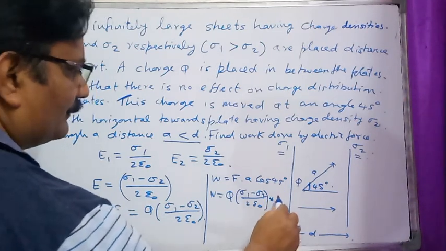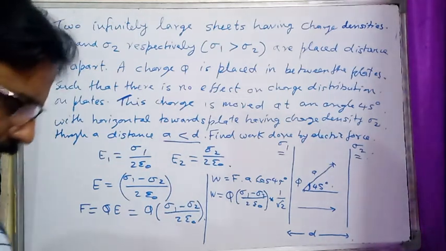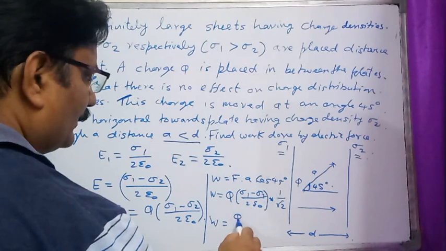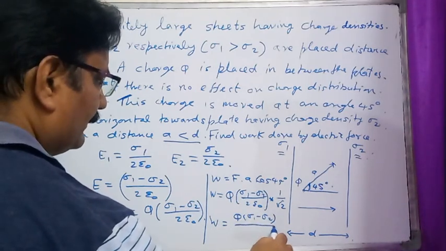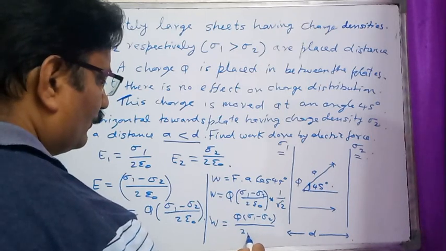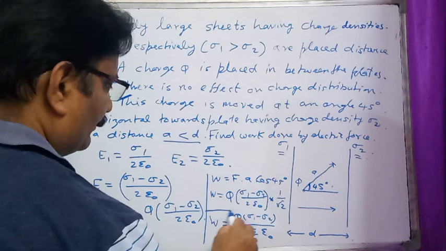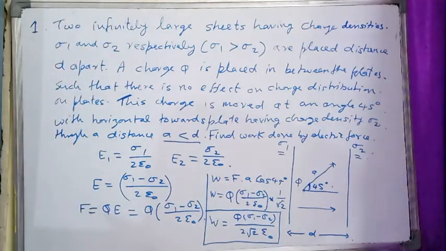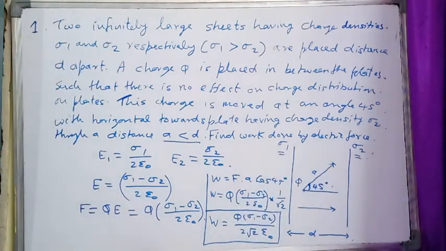Cos 45 is 1 by square root of 2, or the work done W is equal to Q into sigma 1 minus sigma 2 divided by 2 root 2 into epsilon naught. So this would be the amount of work done by the force in the presence of these two sheets of charge.